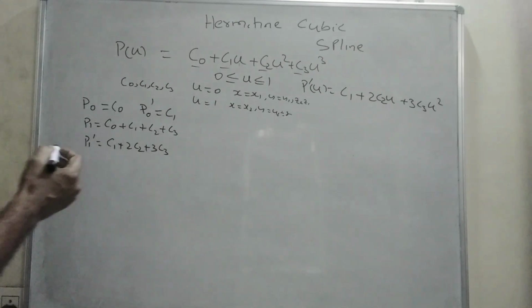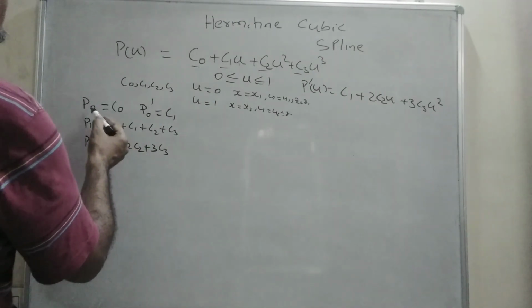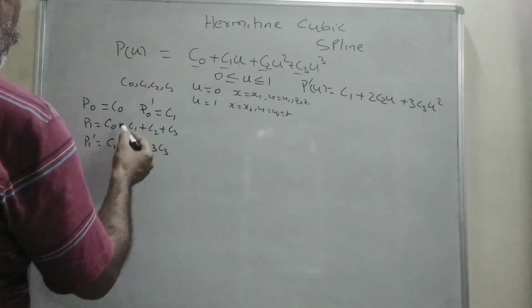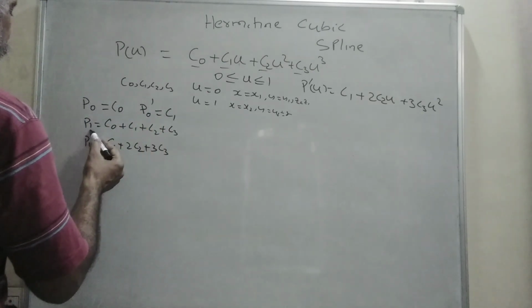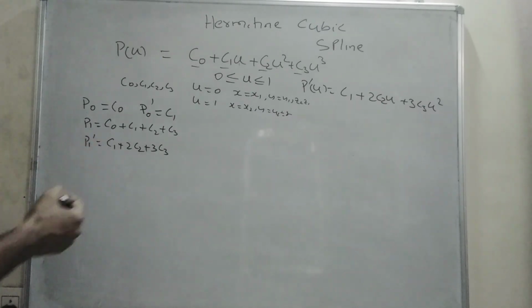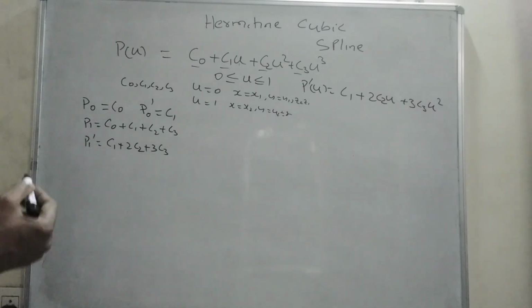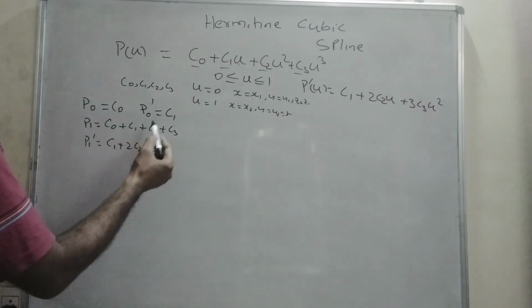So here you have 4 unknowns and 4 knowns. P0 is known, P0 dash is known, P1 is known, and P1 dash is known. So 4 equations are there and 4 unknowns are there. The 4 unknowns are C0, C1, C2, C3.